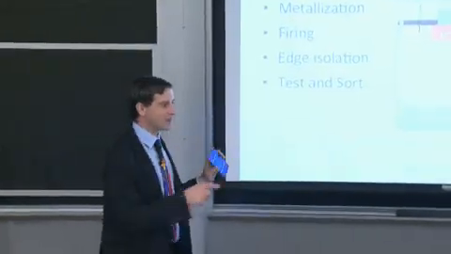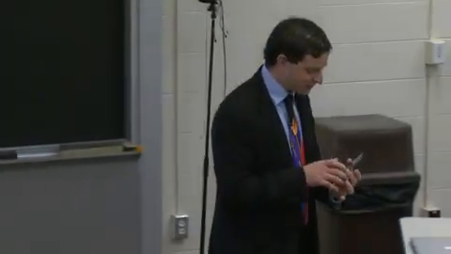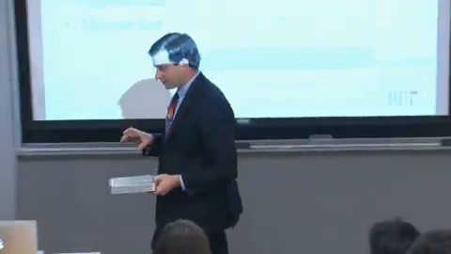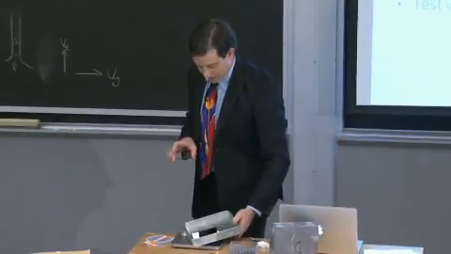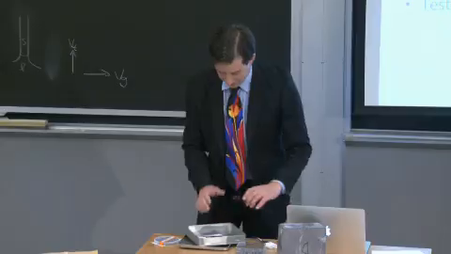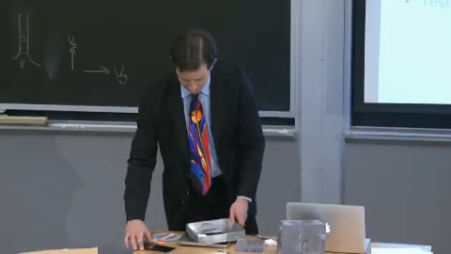I'm going to pass this solar cell device around. And if you look very, very carefully, it's literally a few hundred microns from the edge at most. You may be able to see the edge isolation, the trench that is formed by the laser, but it's very difficult to see. So I'll pass this finished device around as well.